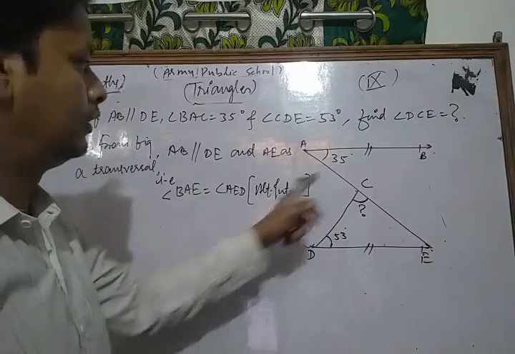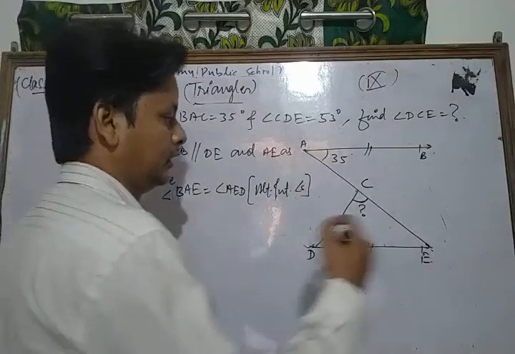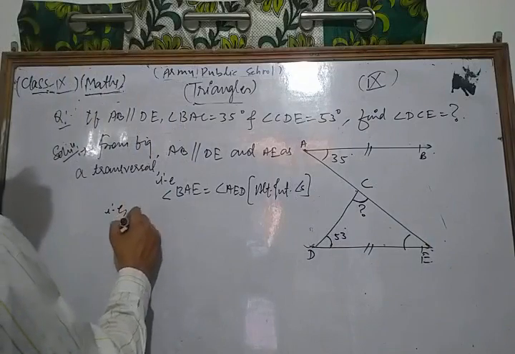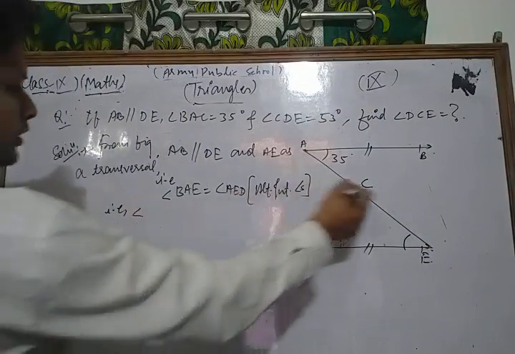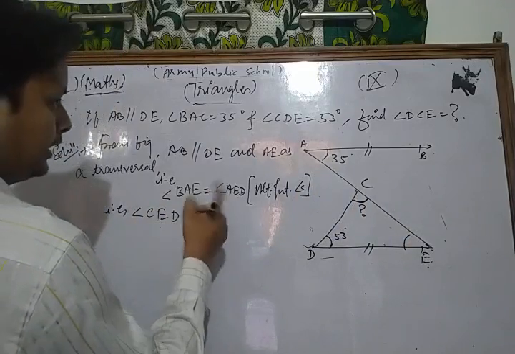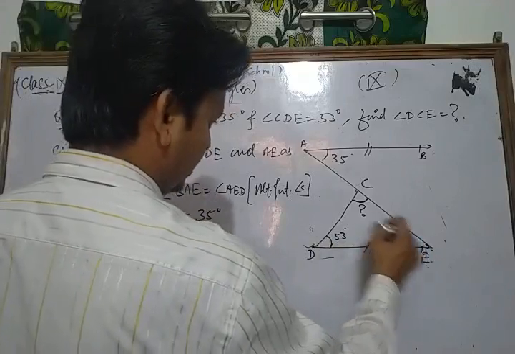So angle BAE is the same as angle AED, that is, angle CED is equal to angle BAE. This angle is 35 degrees.